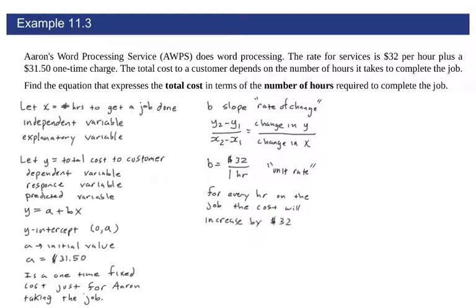And so that's technically a unit rate. So if we wanted to interpret this verbally, we say for every hour on the job, the cost will increase by $32. And so our equation here is going to be y is equal to 31.50 plus 32x.